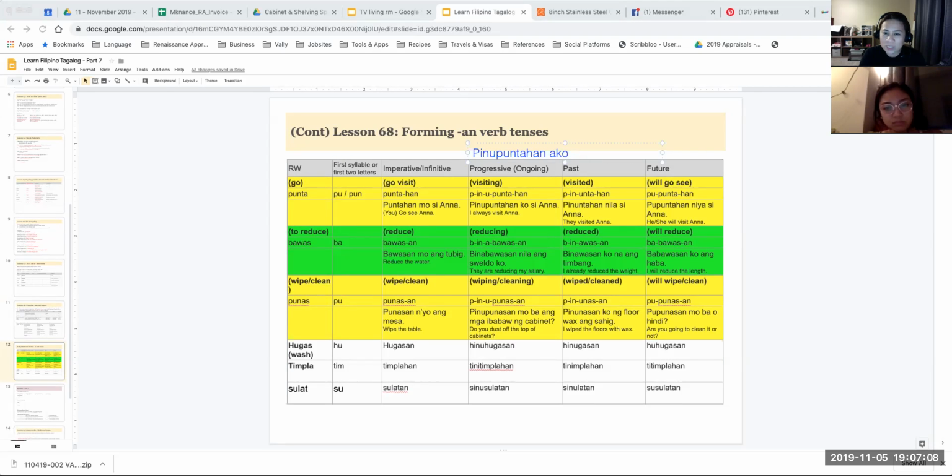So now we say ni Ana. Me. Okay? So even if we remove ako, let's replace it with another person, and we want that person to be the focus. Pinupuntahan ni Ana, Ana's the one doing the visiting, si Teresa.